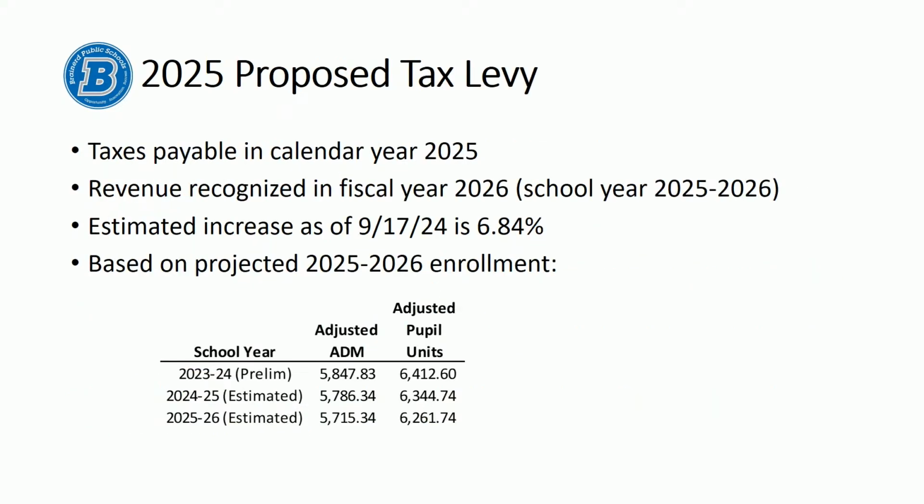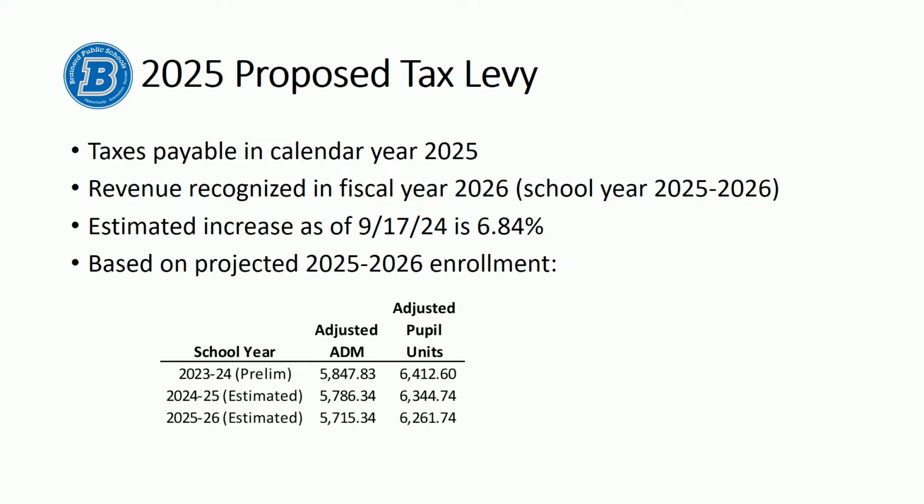The proposed tax levy sets taxes payable in 2025, and then we actually recognize the revenue in 25-26. So we're not like counties or cities, where they are levying for the year that the taxes are payable. The estimated increase as of September 17th was 6.84%.